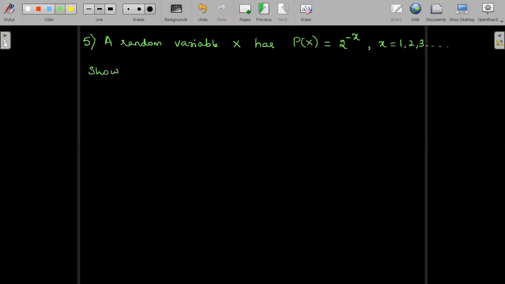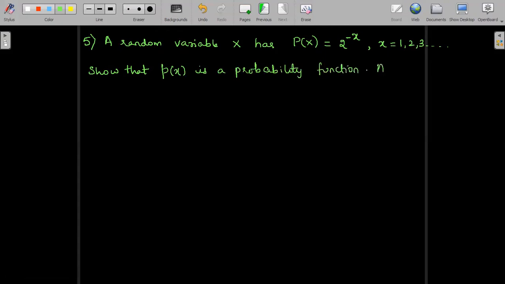Show that P of X is a probability function.